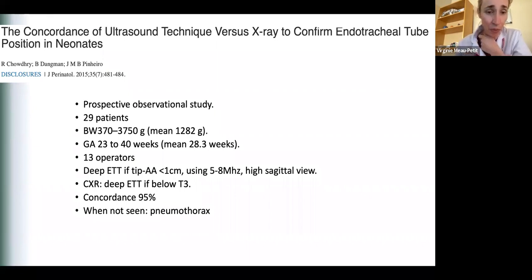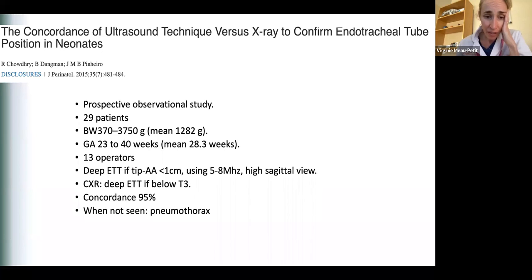It was described initially in a prospective observational study including 29 patients, ranging from very small preterm to term. 13 operators were involved, and an ET tube was deemed to be deep if the distance between the tip of the ET tube and the upper border of the aortic arch was less than 1 centimeter, and I will explain why.